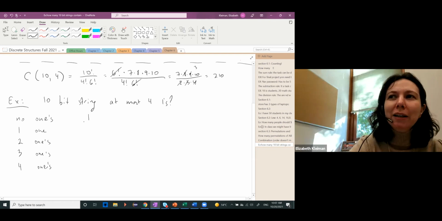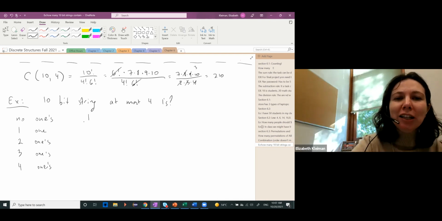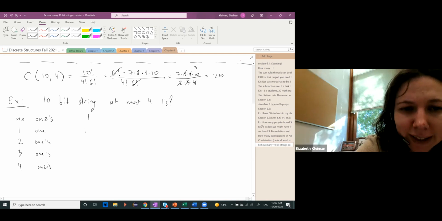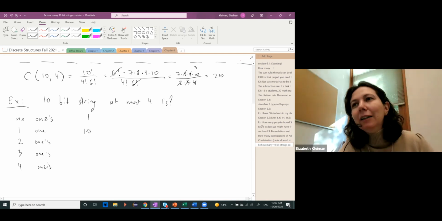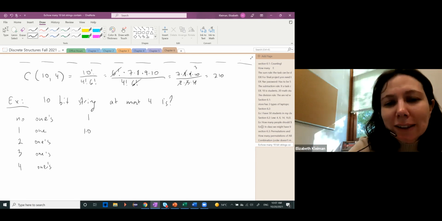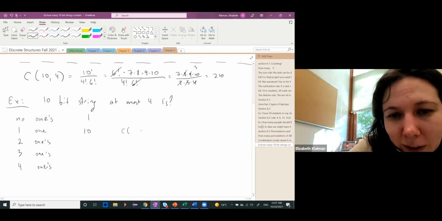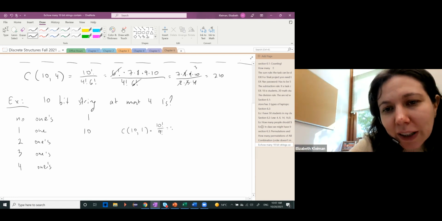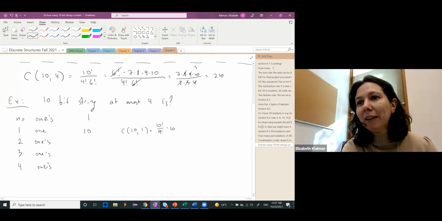Now, in how many ways can I just have one? 10 is correct. And some of you might check it, but pretty much what I'm doing is I'm choosing 1, correct? So this is equivalent to choosing 1 out of 10. And if you think about it, it's 10 factorial over 9 factorial, which is really 10, okay?